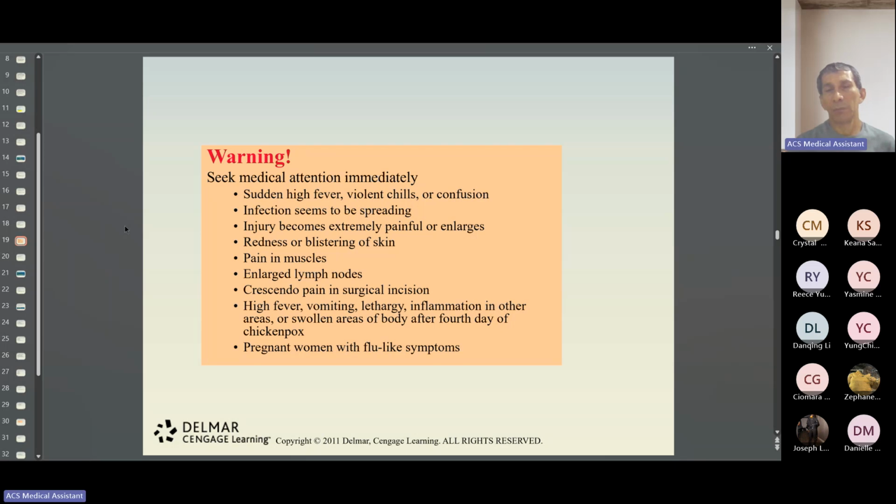Okay, so if you develop any of the symptoms, you have to seek medical attention immediately. Fever. If it is high fever, immediately you have to go to the doctor. There are certain symptoms that occur to you, but they might be temporary, like chills.